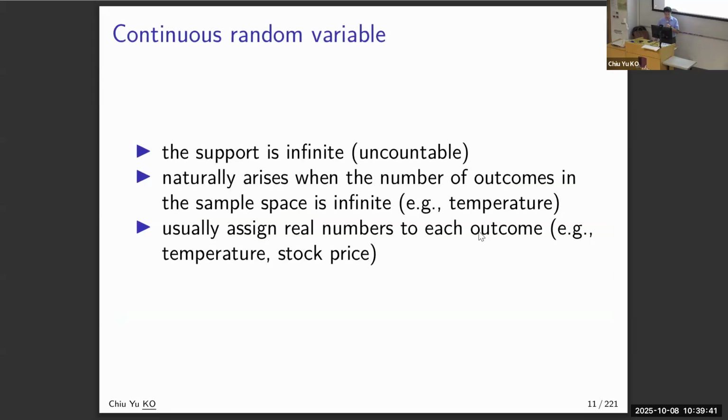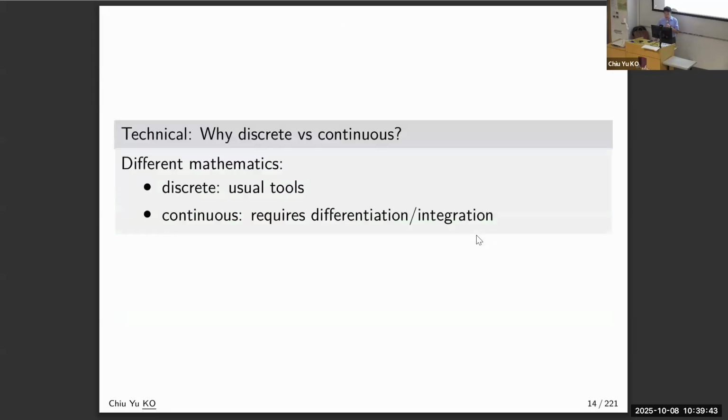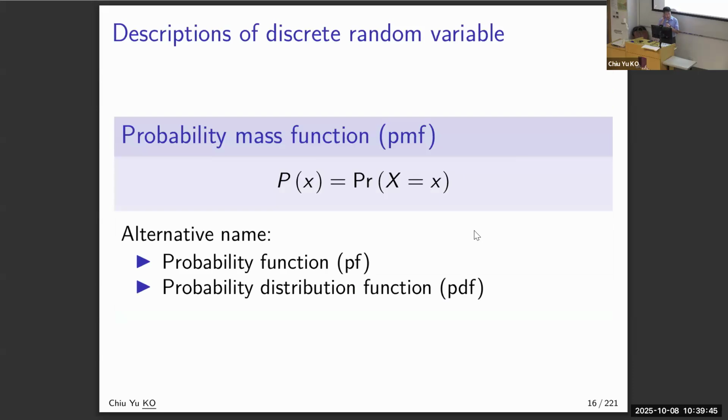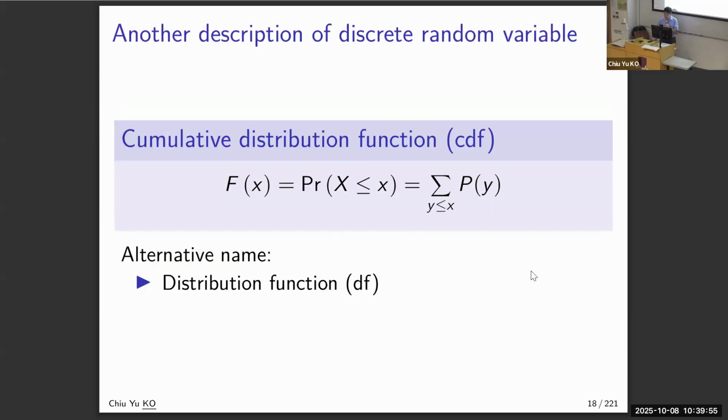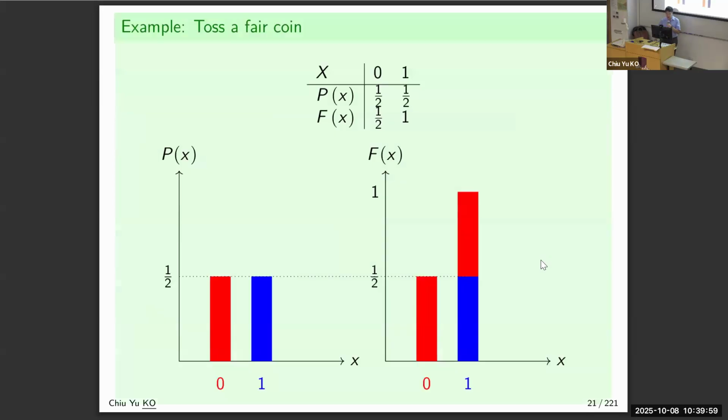So very quickly, we have continuous and discrete random variables, and for discrete we have big P, right? Because you give me the X, I give you the probability that the random variable equals that X. And you have the big F, which is less than or equal to. You could know how to change from big P to big F and back, because they're equivalent ways to say the same thing.